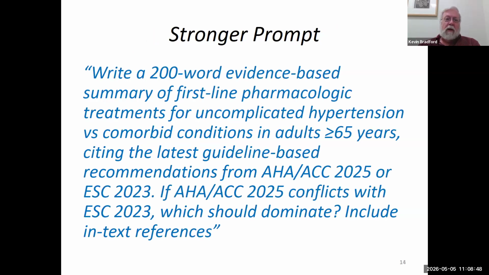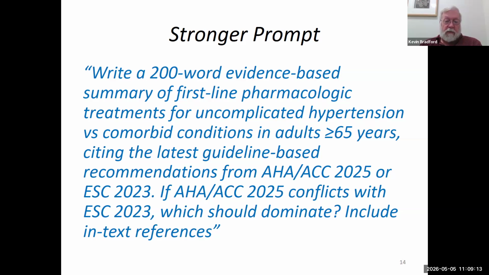So here's an example of a stronger prompt. There are a lot of conditions and a lot of details in this prompt as opposed to just "write about hypertension." In this particular example, it helps define the scope, the audience, the length, and the sources. And so it helps guide the AI model toward a structured, relevant output.